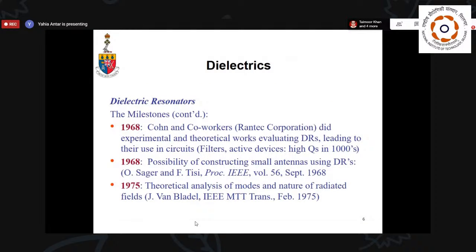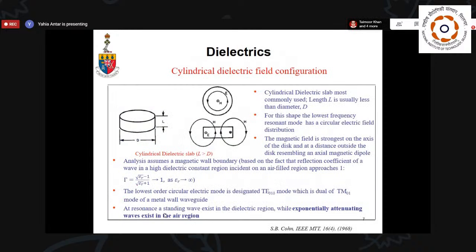So these are some of the milestones of the use of dielectrics, and you can see that quite a bit of it goes back to the early days in the Microwave Theory and Techniques Society as well. And I remember reading those papers by Van Bladel, and we still didn't know at that time what to make of dielectric resonators.